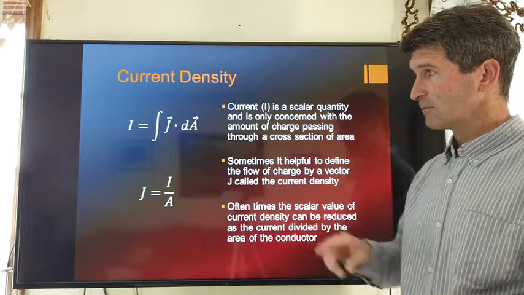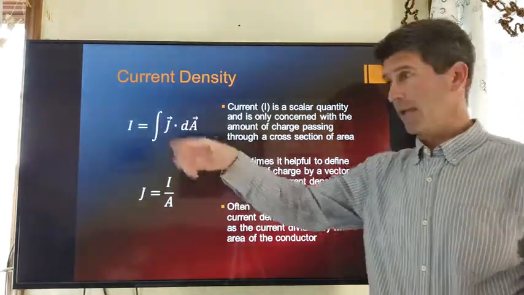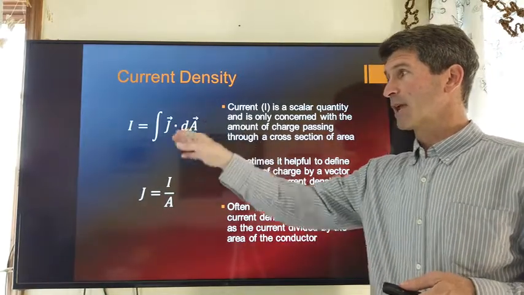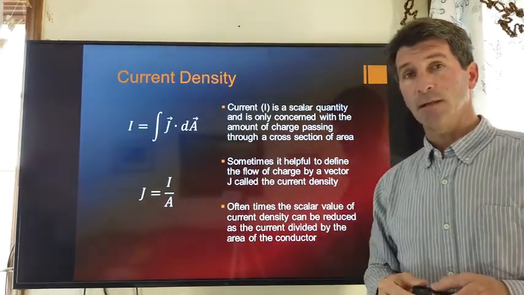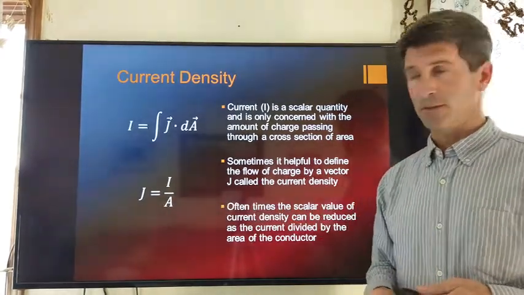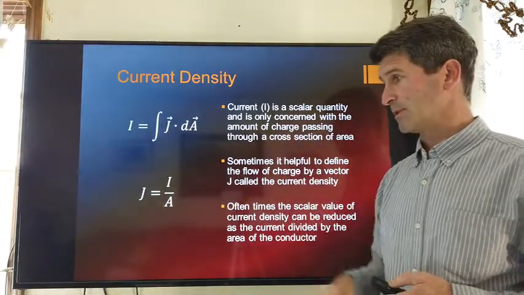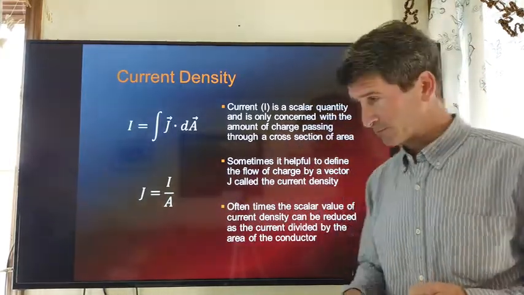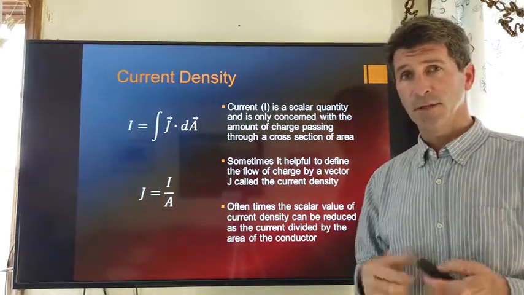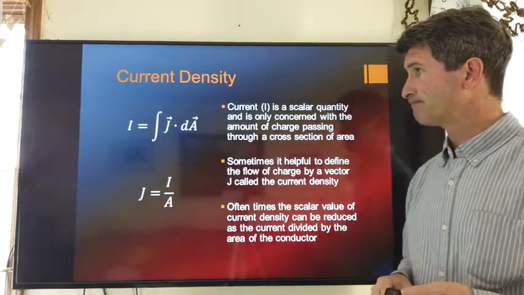Technically, current is a scalar, while current density is a vector, and it'll point in the same direction as the electric field. It represents how much current we have passing through a particular set amount of area. And that area A usually represents the cross-sectional area of a wire or other type of conductor.